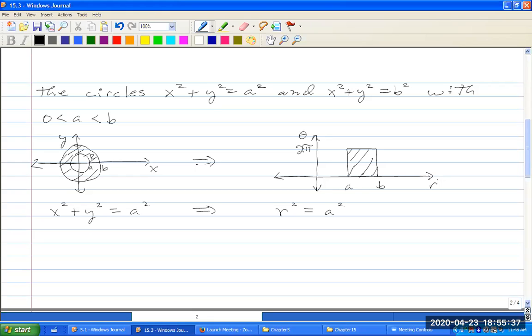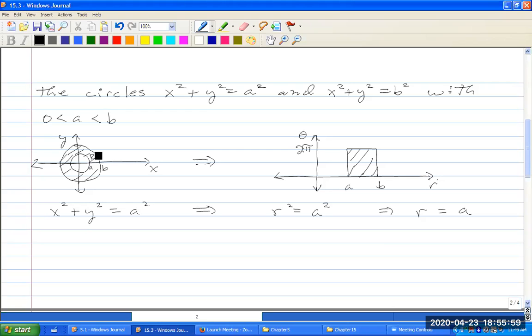Now, let's just assume that a is greater than 0. And so this just says that r is equal to a.